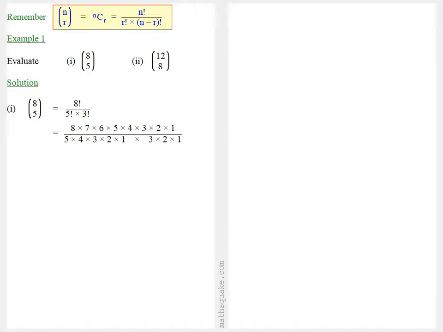Now we have 5 factorial on the bottom and effectively 5 factorial on the top, and so they can cancel. And that leaves 8 times 7 times 6 over 3 times 2 times 1, which is 8 times 7 times 6 over 6, which is 8 times 7, or 56.